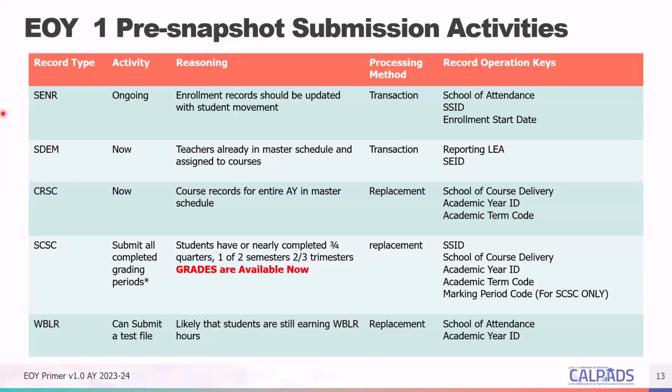This table may help you recognize which data sets are complete and can be submitted now, which data sets should be submitted now even if they are not complete, and data sets that may in fact be better off submitting later. Understanding the processing method and the operational keys will allow you to submit targeted data to finish incomplete submissions and assist in troubleshooting, knowing the expected transaction behavior.